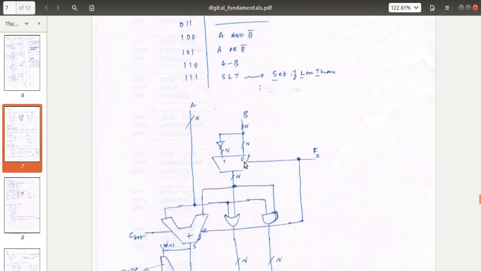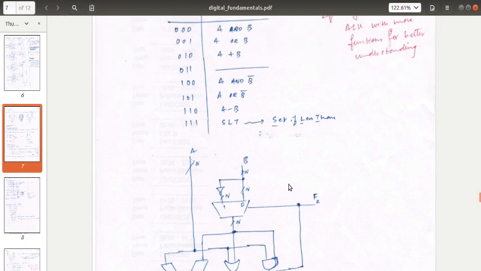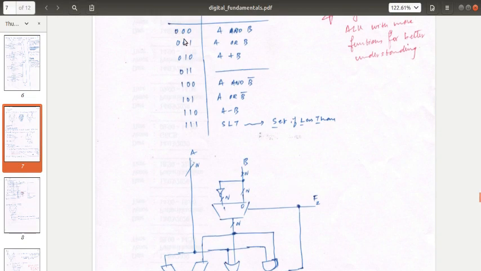That is why here we are using a multiplexer and an inverter to take either B or B bar. If this input is 0, we will get B here. If this input is 1, we will get B bar here. So this is controlled using F2. Why are we using F2 here? That is actually part of the design.